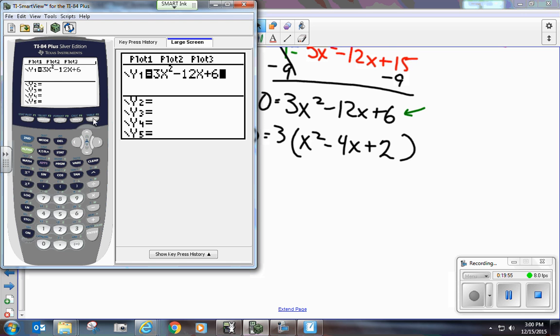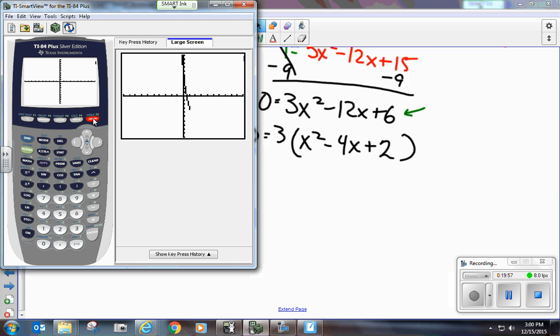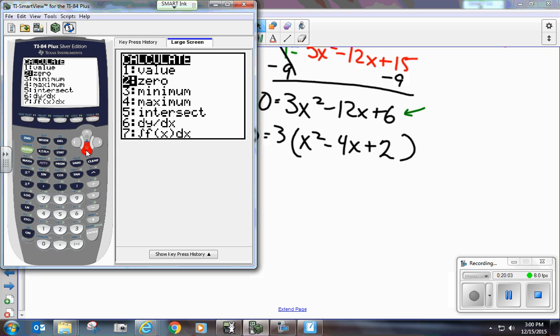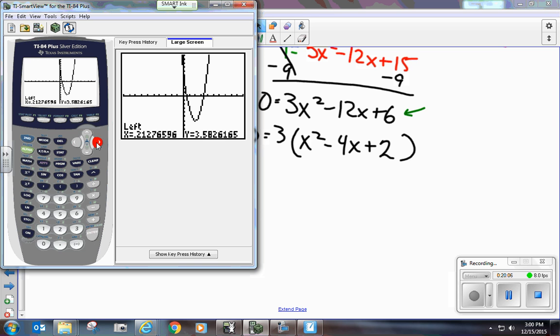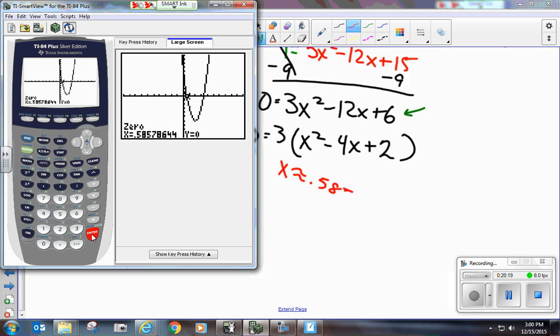And when I graph that, there are two spots where it crosses the x-axis. And I'm going to use my zero function to find those out. Okay, I'm to the left of my first one, and to the right, and make my bow tie, enter. 0.585. Okay, so x is going to be approximately 0.585. Now, these are numbers of units in thousands, so that leaves approximately 585 units.